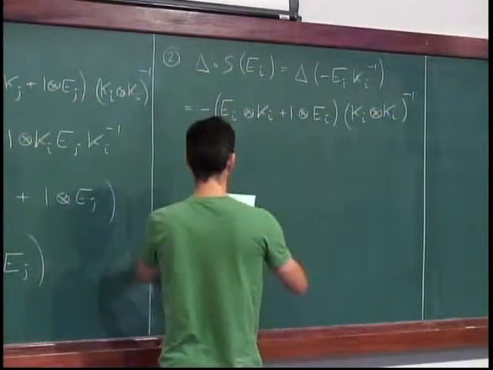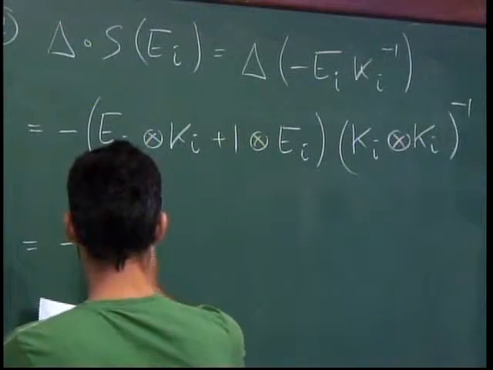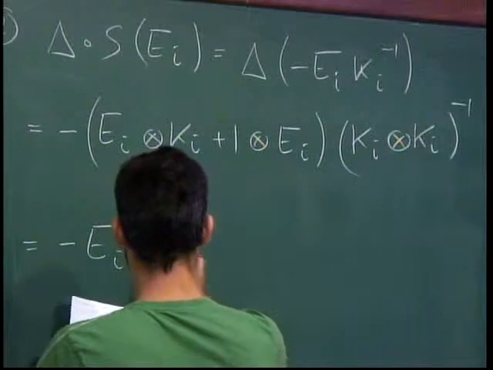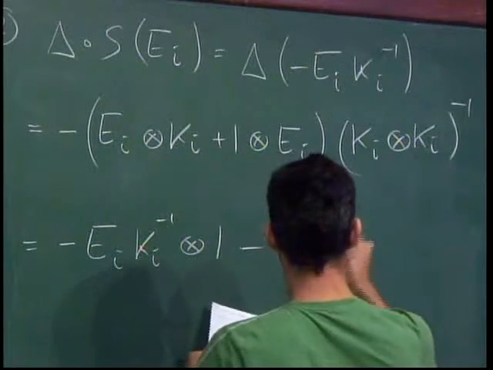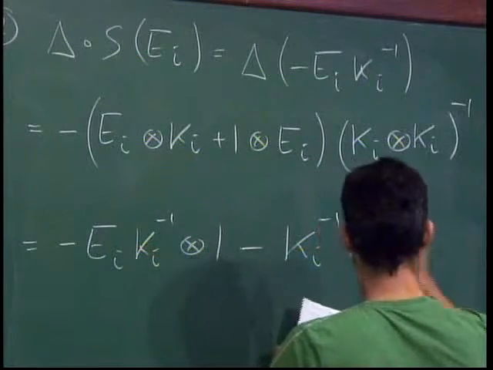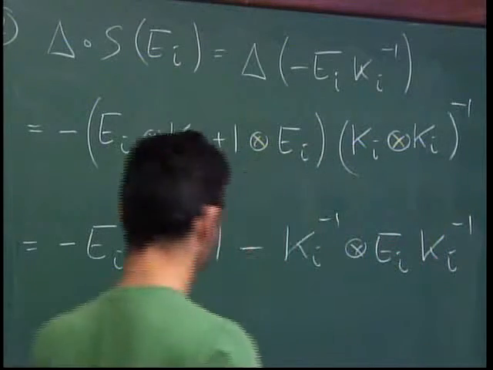Well, let's do the multiplication. We get minus ei ki inverse tensor 1 minus ki inverse tensor ei ki inverse.